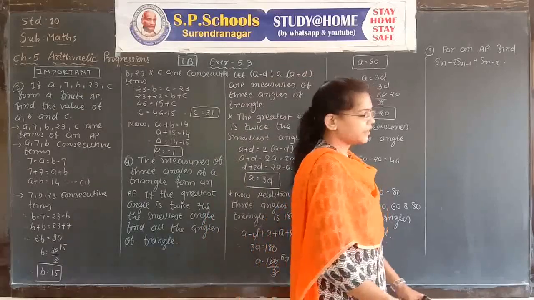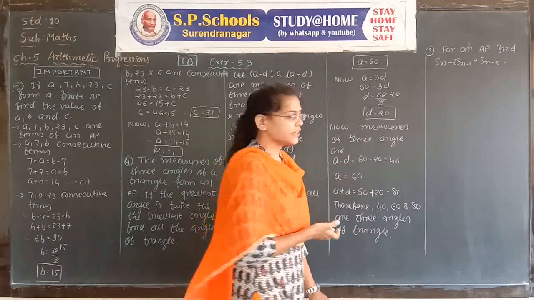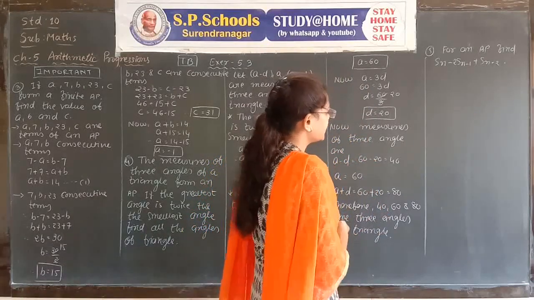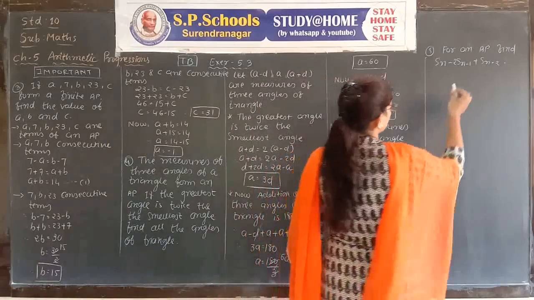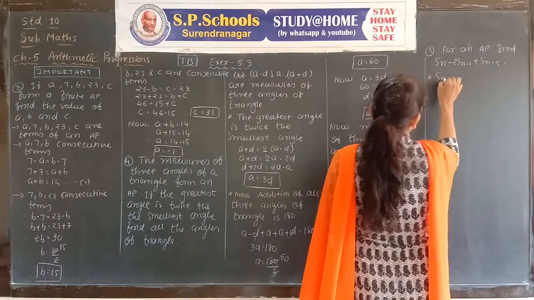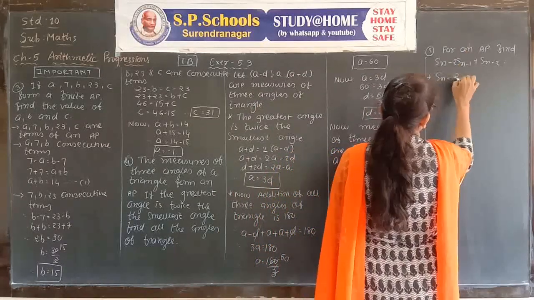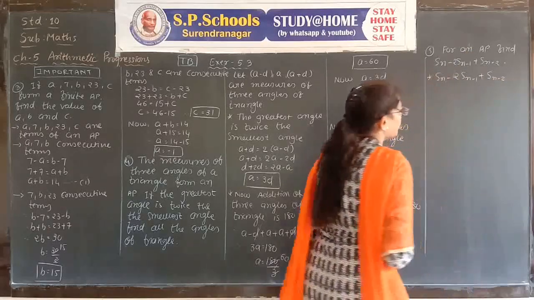See the fifth number. It is important, required in objectives. For an AP, find the value of Sn minus 2 Sn minus 1 plus Sn minus 2.